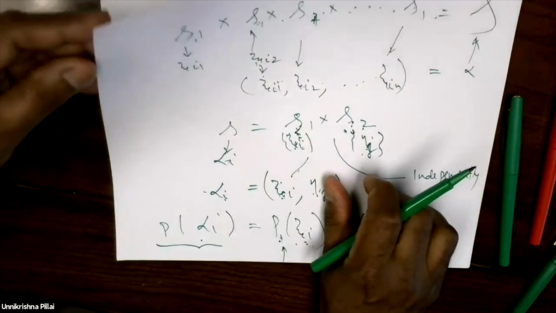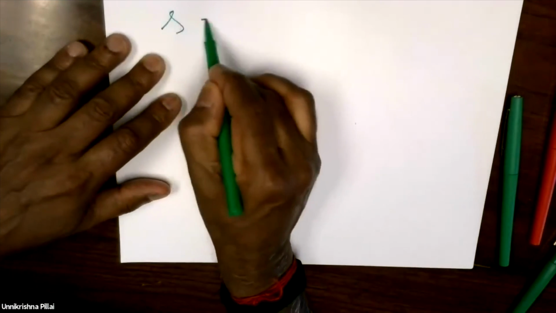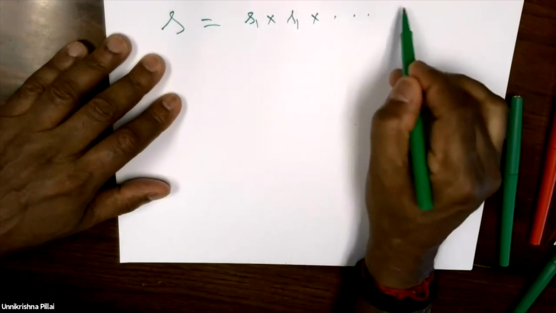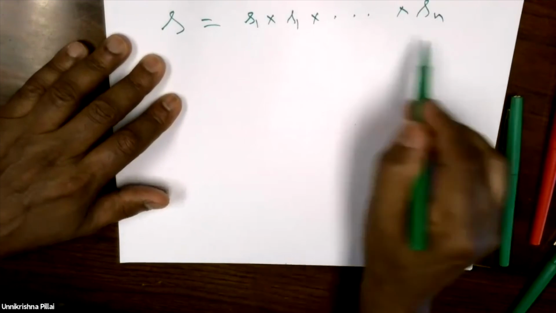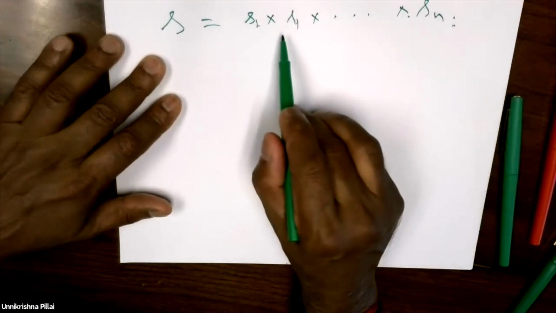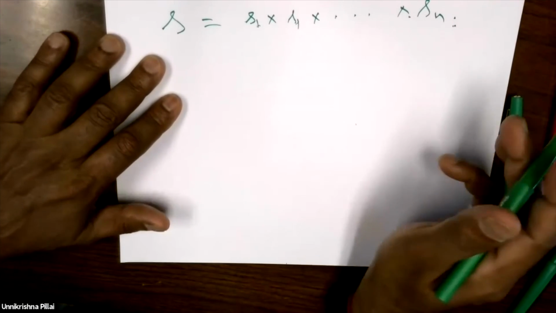So let me go to a general case where the big experiment is the Cartesian product of the same experiment, let's say repeated n times, or n different experiments, either way.